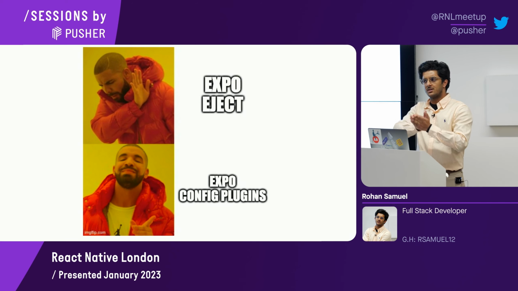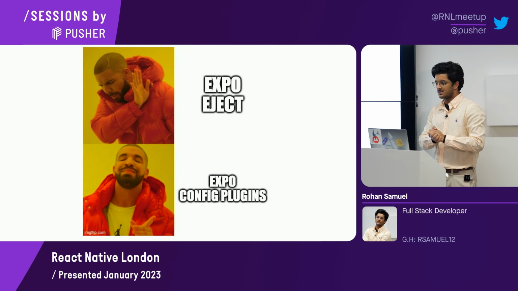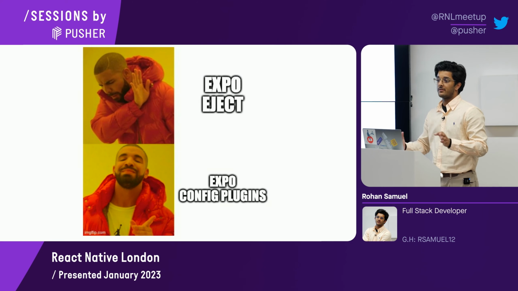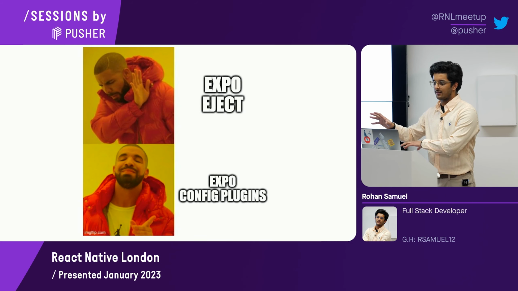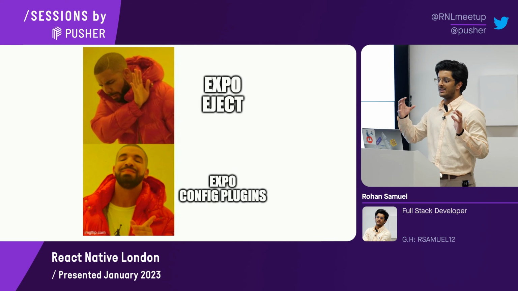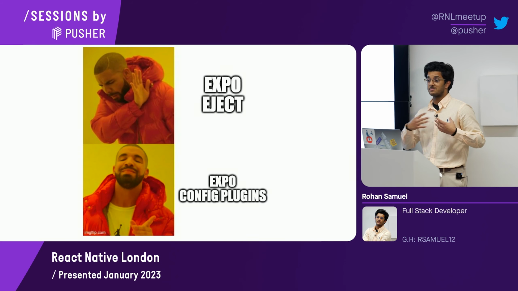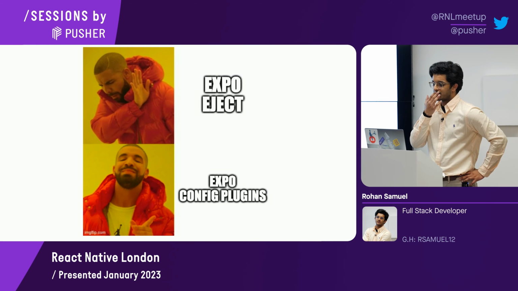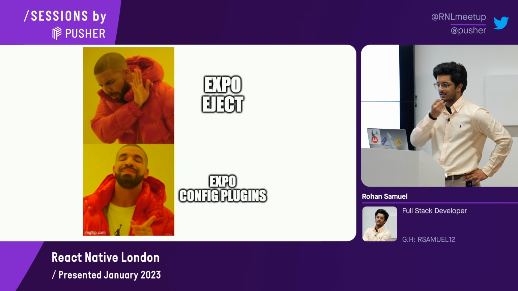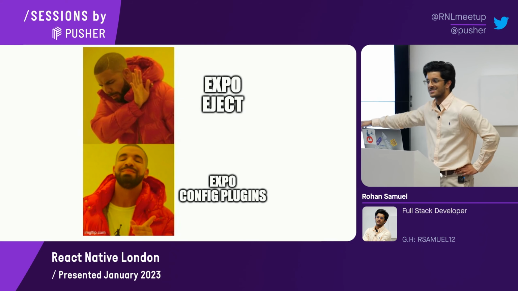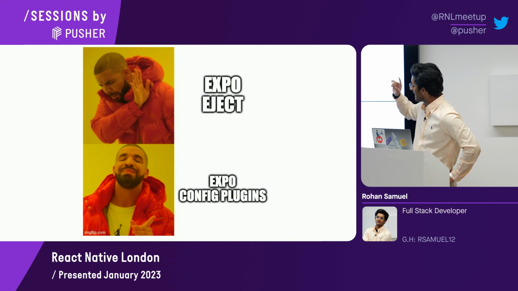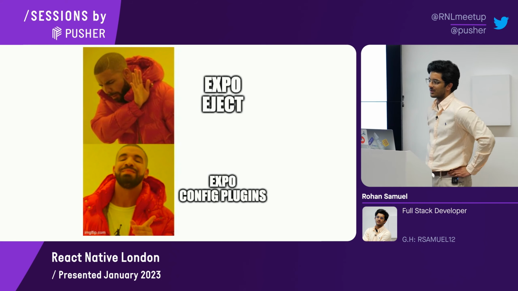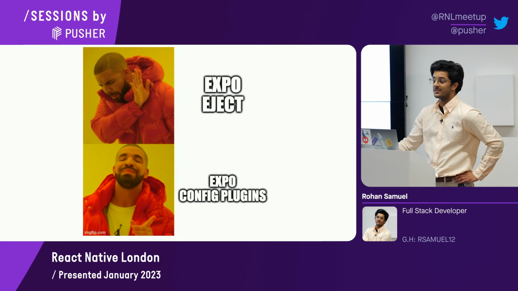For those who don't know what that means, it means that from the managed workflow, where Expo manages all the native stuff that we don't have to manage, we'd have to get rid of all that management and end up with a bare React Native app where all of the native modules would be managed by us, which is a bit of a pain. We started the project adding Expo in, and Bluetooth was the first thing we worked on, and to find out we had to eject Expo was not convenient whatsoever. So we had to find a different solution, because it meant we had just installed a package we didn't need in the first place.